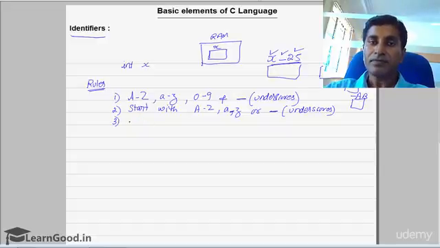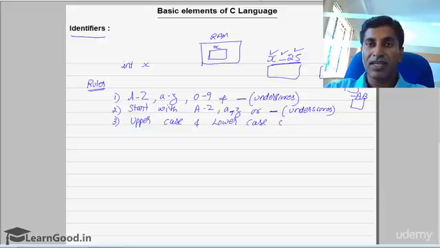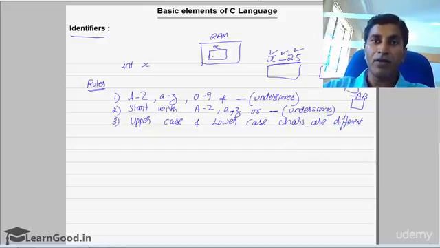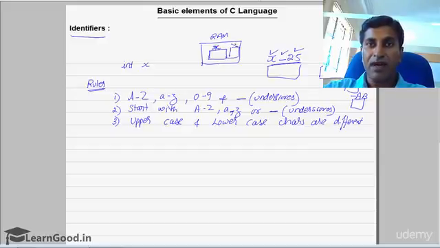Third one. Uppercase and lowercase are different. It's a case sensitive language. Uppercase and lowercase characters are different. That means you can have one memory location name with a lowercase x and another with an uppercase X. So both are going to be two different names.